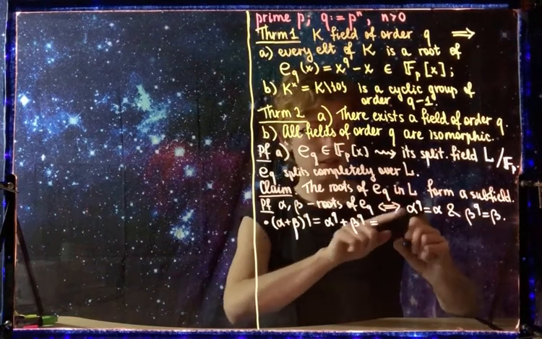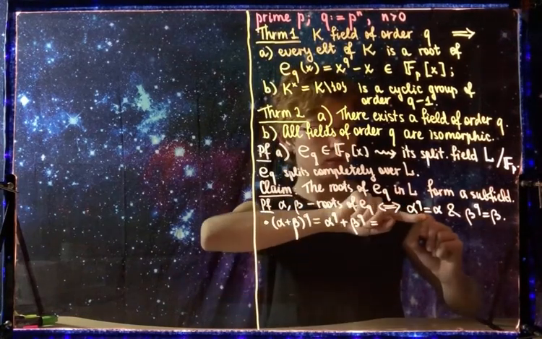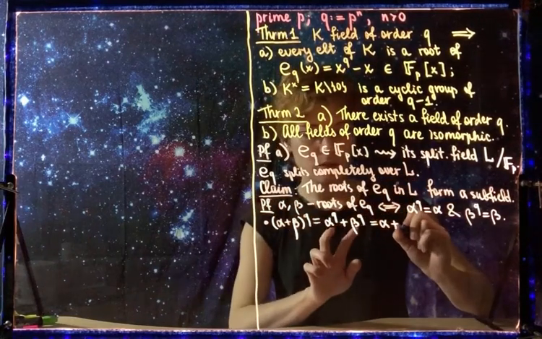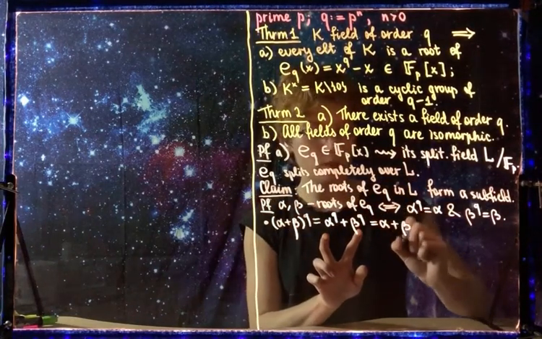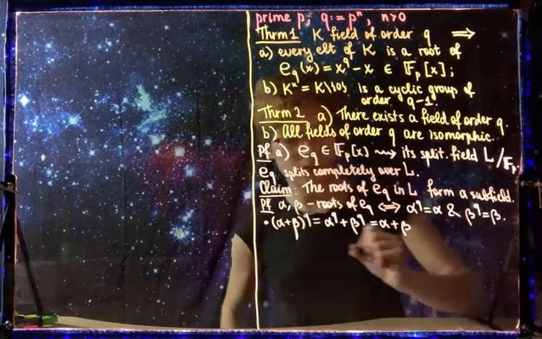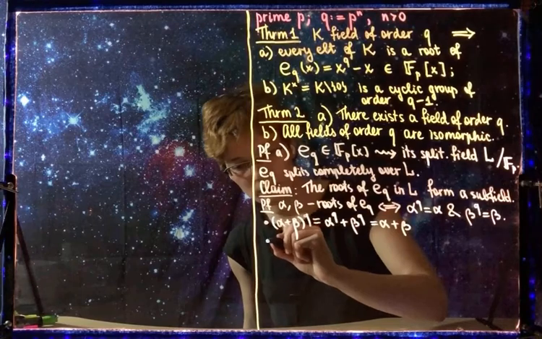But alpha to the power q is equal to alpha, and so I get that this is equal to alpha plus beta, which means that alpha plus beta is a root of this polynomial.